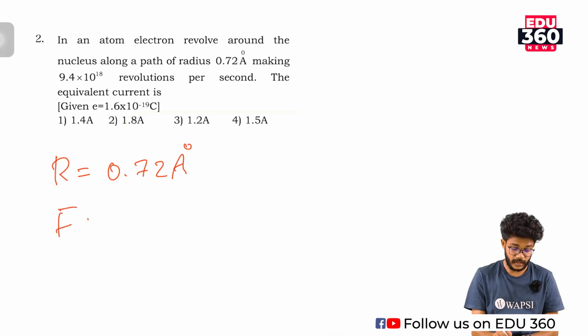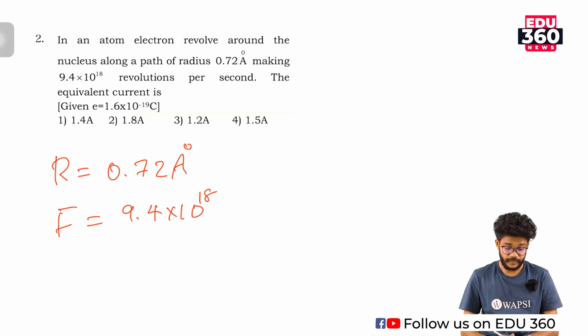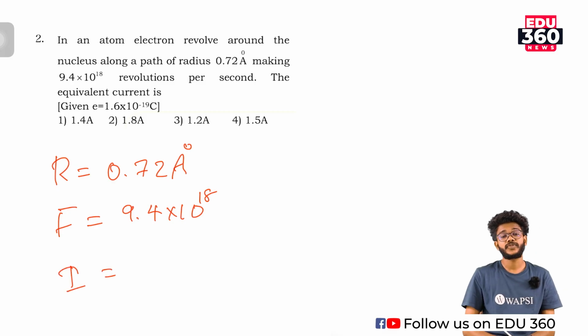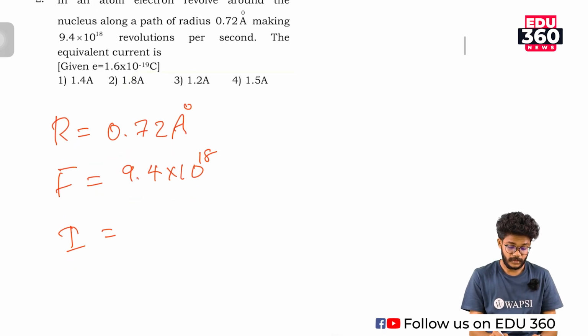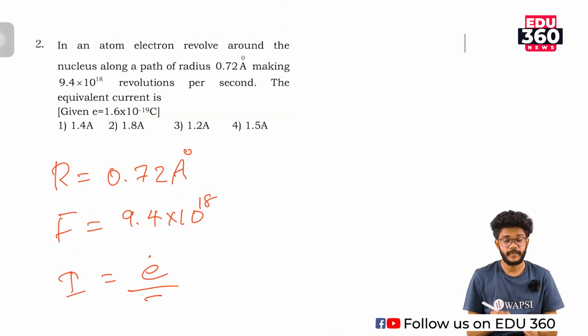Okay, frequency is given: 9.4 into 10 raised to 18. The equivalent current is what we have to find, and they have given the charge. Actually current is the rate of change of charge. That means how much amount of charge is moving in a unit time. Okay, that means charge divided by the time period is the current.